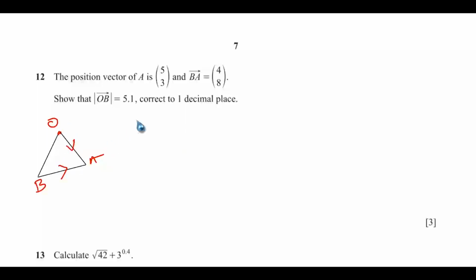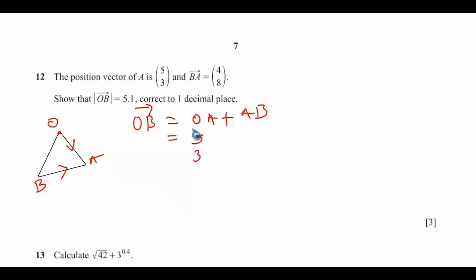So to get OB from here, vector OB will be equal to OA plus AB. So that will be equal to vector OA, which is (5, 3), that is vector A, and we need vector AB, but we don't have vector AB, we only have vector BA, so that will be plus or minus vector BA (4, 8).